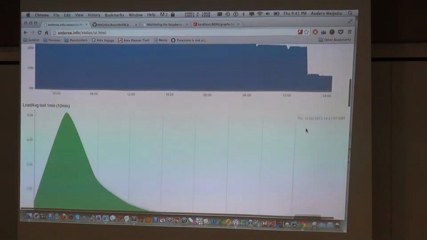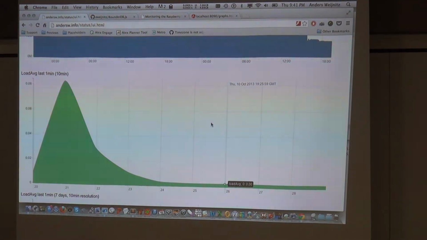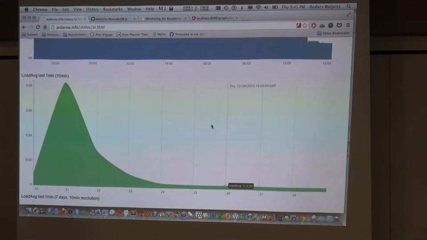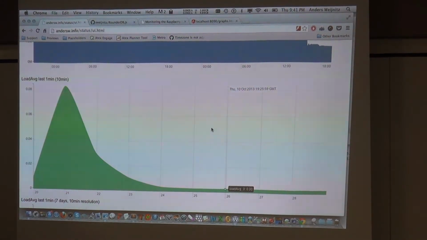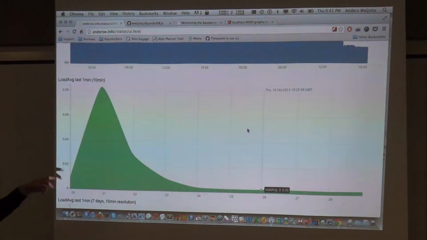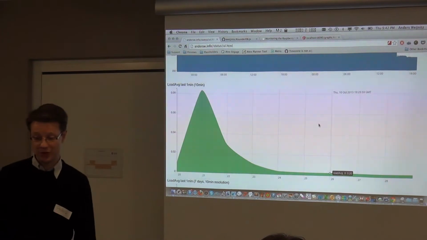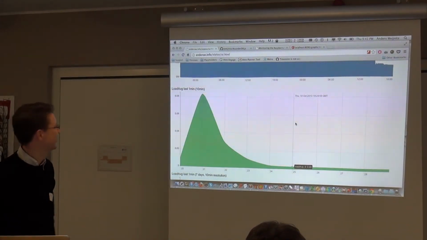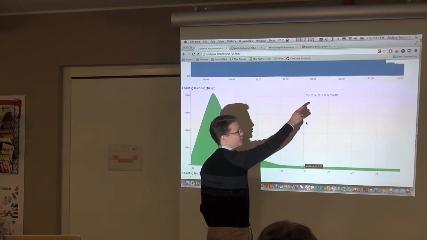All the graphs are rendered in the browser, so I'm using Rickshaw. I don't know if you're familiar with that. It's a graphing library on top of D3, and I'm just getting all the data in JSON format and feeding it into Rickshaw, which doesn't have time zone support on the axis, so everything is in GMT.